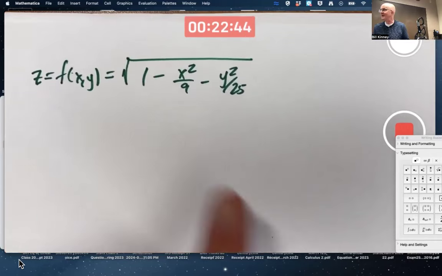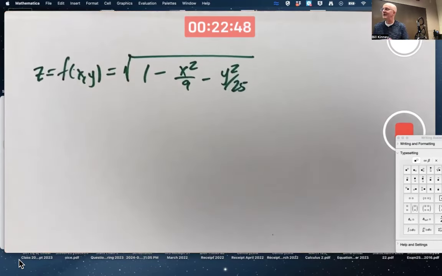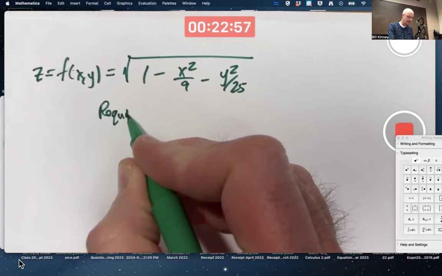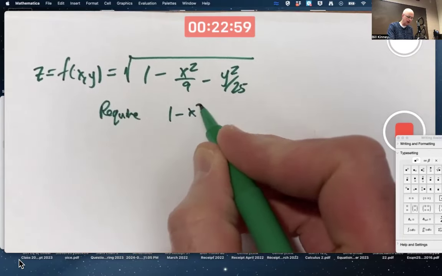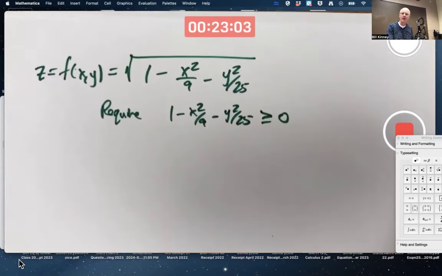If we allowed for imaginary number outputs, then what's under the square root could be negative, but we're not doing that in this course. So for the domain, we require 1 minus x squared over 9 minus y squared over 25 to be greater than or equal to 0.